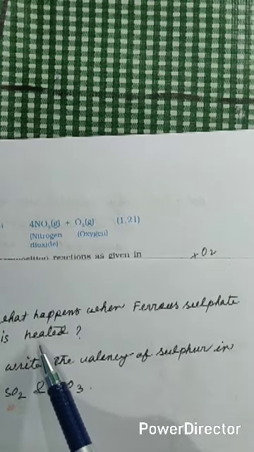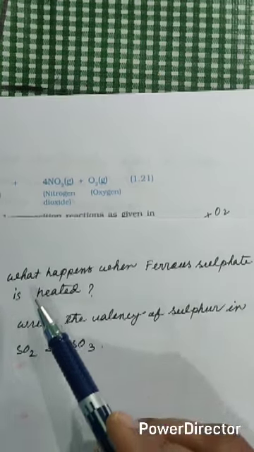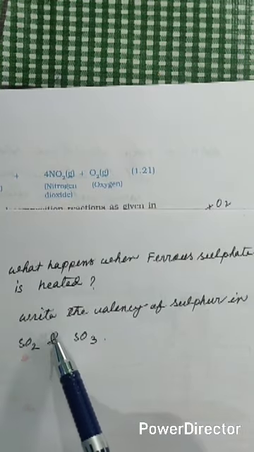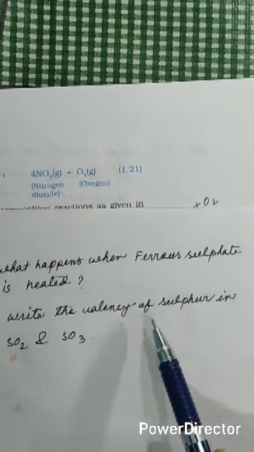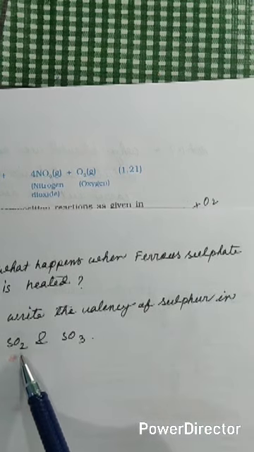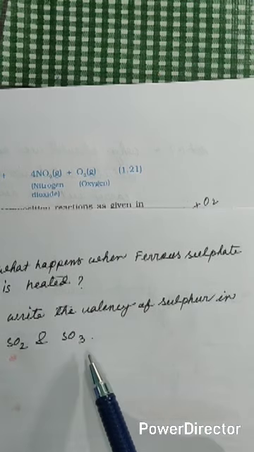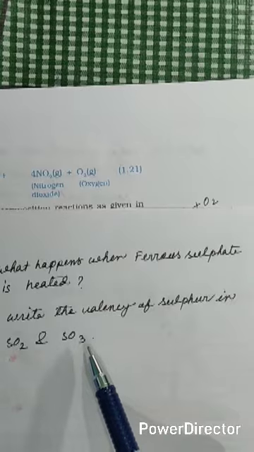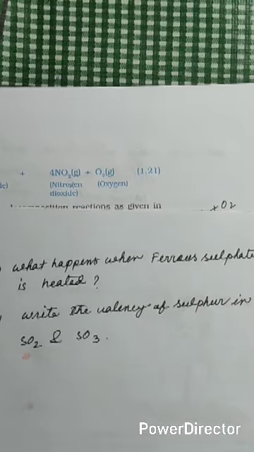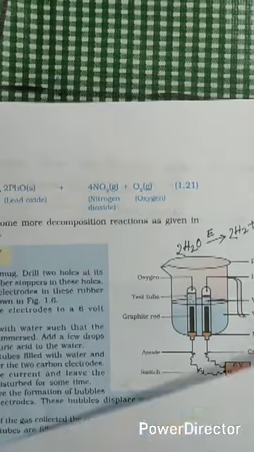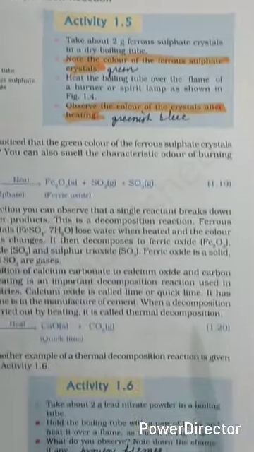You try to answer it. B number question, write the valency of sulfur in sulfur dioxide and sulfur trioxide. Send your answer to me.